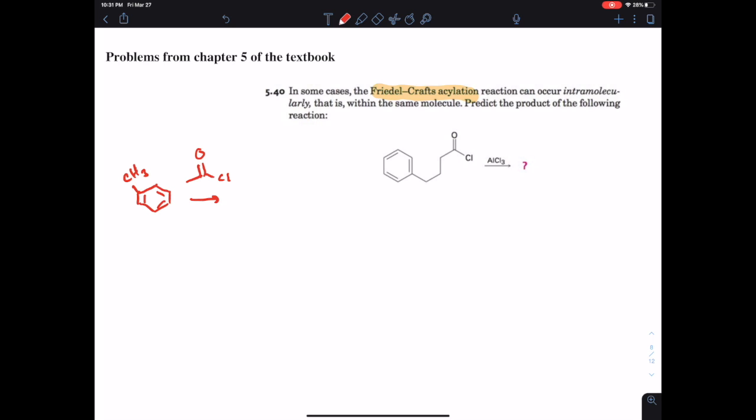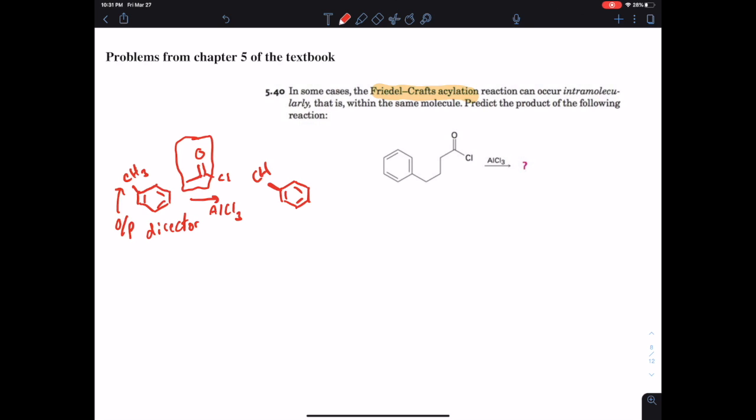If we go to acylate toluene, this is an ortho-para director. We would use AlCl3 for our catalyst. What that would do is connect this to the ring where the chlorine is attached to the carbonyl.